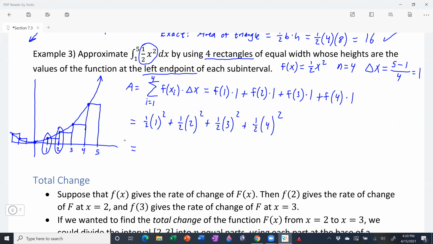Okay, anyways, so many interesting things to talk about there. I could go on and on. So let's go ahead and calculate this. We're going to have 1/2 times 1 squared plus 1/2 times 2 squared. If I could type it in right. So 1/2 times 1 squared.